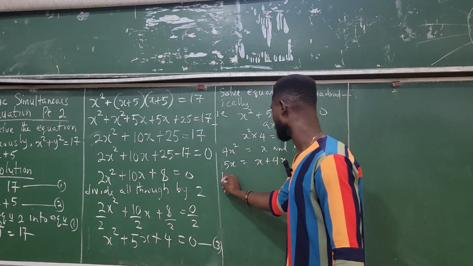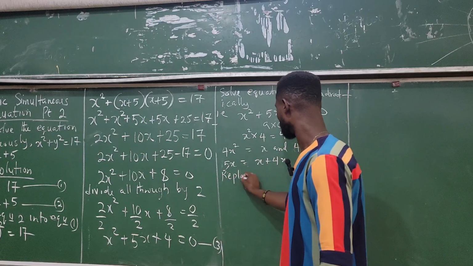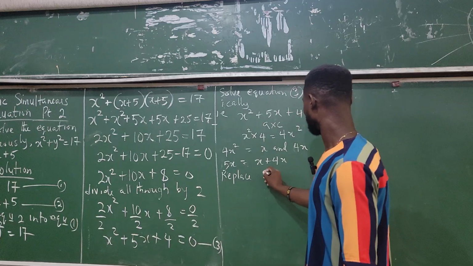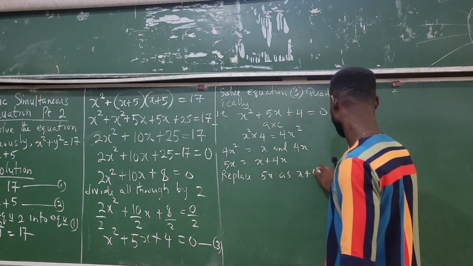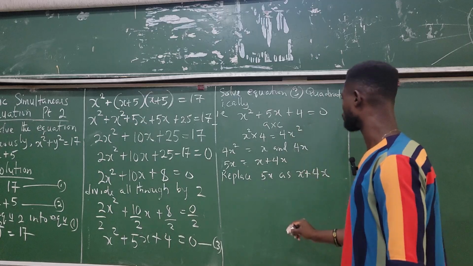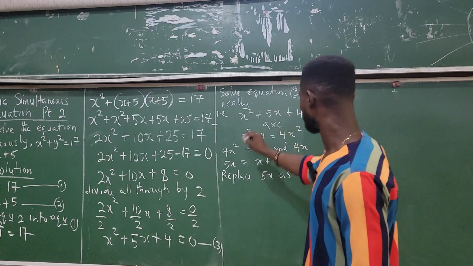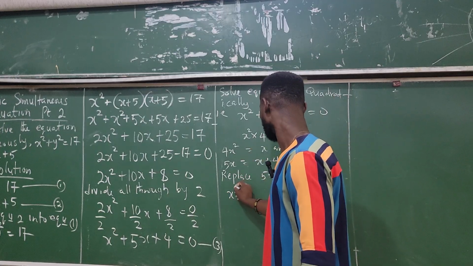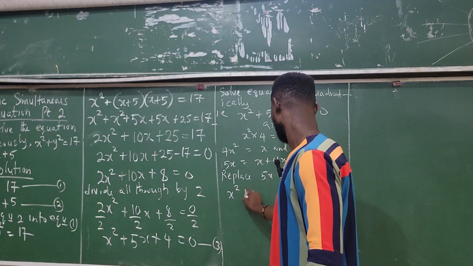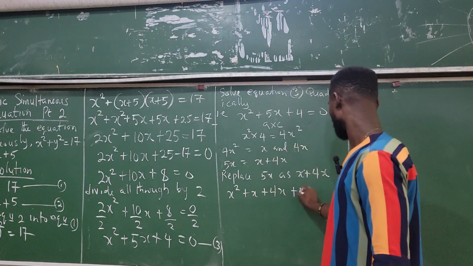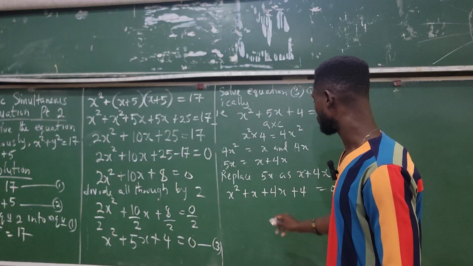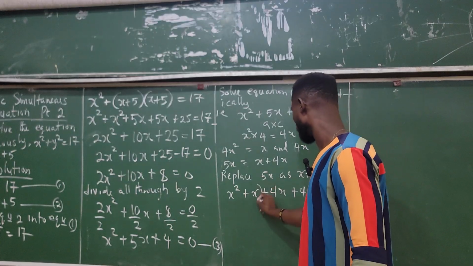So you are going to replace 5x as x plus 4x. So if you do that into this equation, we have x square plus x plus 4x plus 4 is equal to 0. So after doing that, what do you do? You group them.